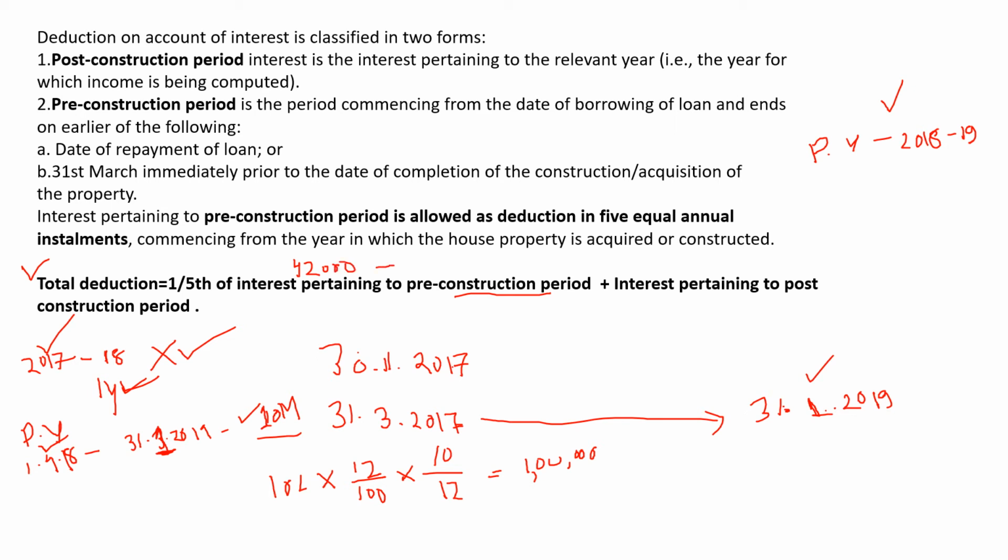And the post-construction period interest for this 2018-19 is 1 lakh. So total amount comes out to be 1,42,000. Yes. So this is our deduction which we will be getting in our let-out house property.